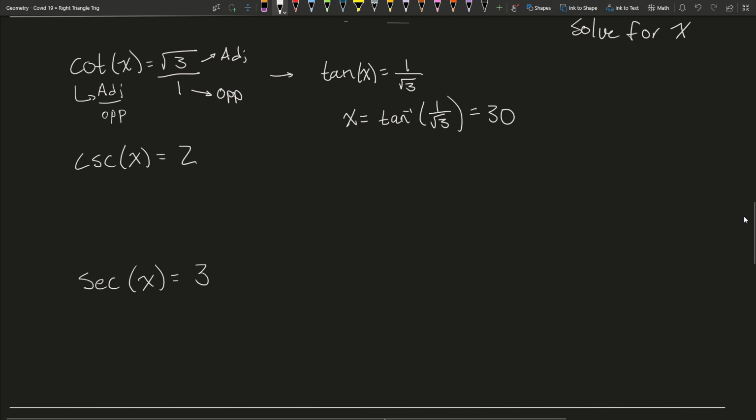All right, and cosecant of x is equal to 2. Again, cosecant is hypotenuse over opposite, which means that this 2 is the hypotenuse, this 1 is the opposite side. So we can rewrite this in terms of just sine.